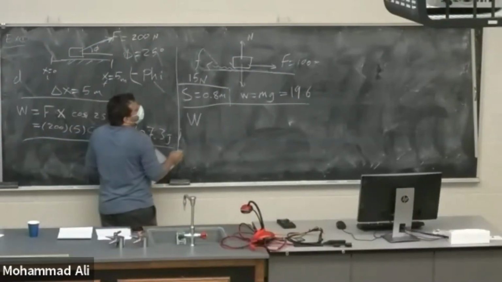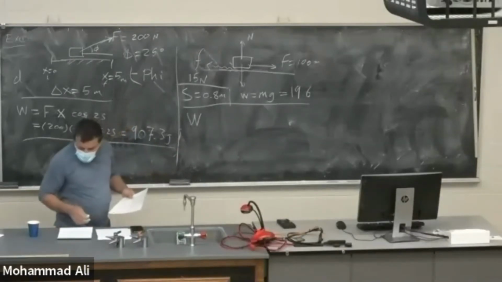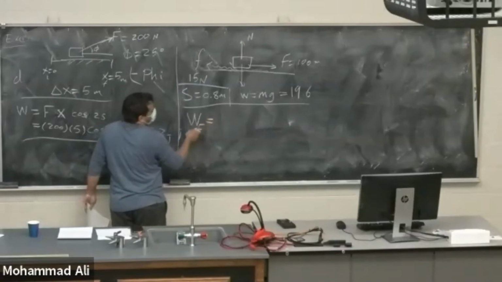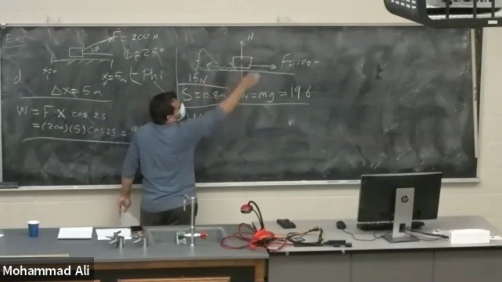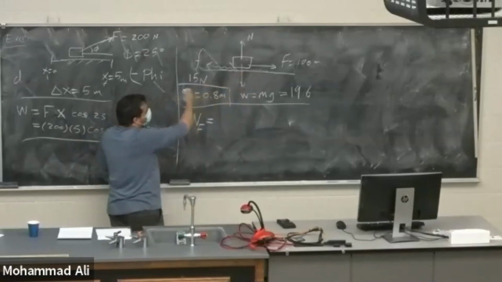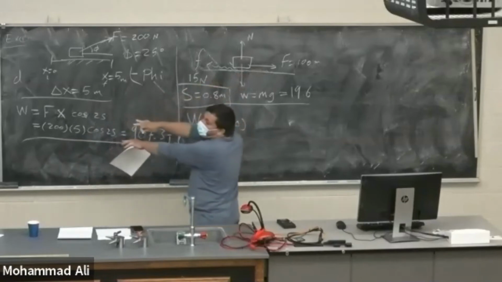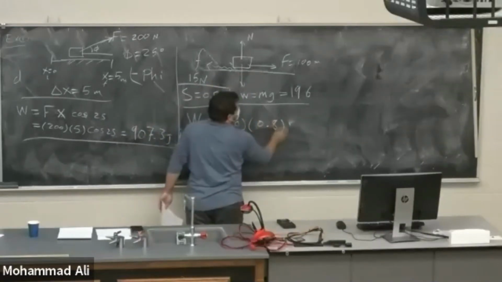Okay, we need the work done by each force. So the work done by the force, the applied force, the object starts moving in this direction. It is 100, which is the force. I'll use the same relation. The distance is 0.8.